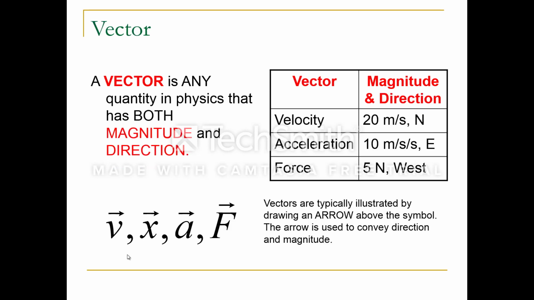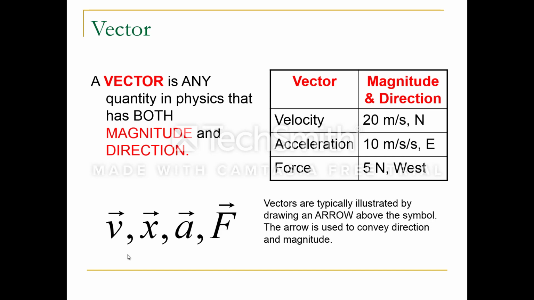So a vector is any quantity that has both magnitude and direction. Whenever you're talking about a vector, you have to say you're going 65 miles per hour east. So velocity is a vector. Remember we said that it can be positive or negative. That positive or negative is telling you the direction of it. Acceleration, same thing.